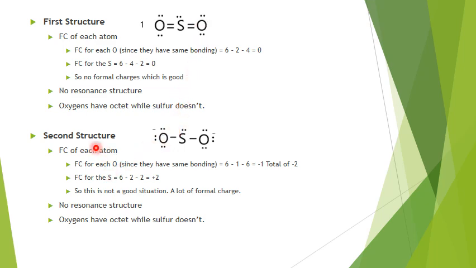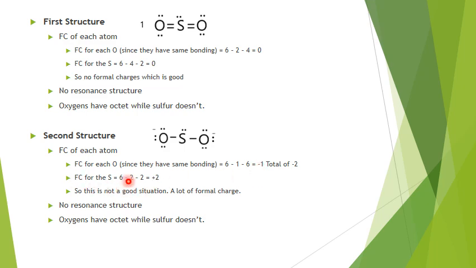All right, second structure. Again, find the formal charge for each oxygen. Each oxygen has 3 lone pairs and 1 bond, so it's going to be 6 minus 1 minus 6, and when you get that, it has a minus 1. So it has 2 minus 1s on it.